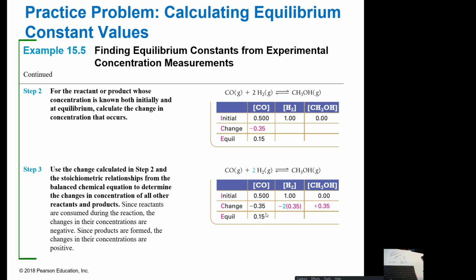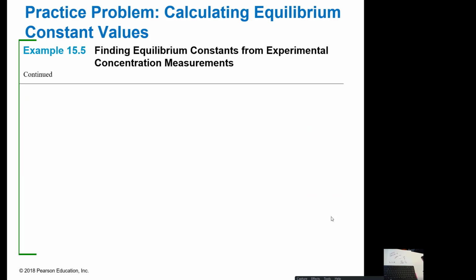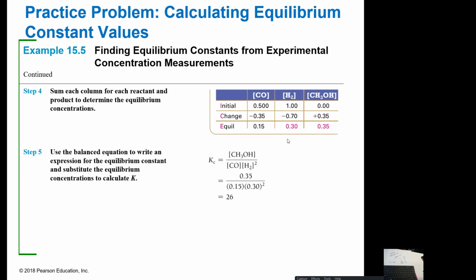And then we subtract, okay, it's 0.15 and plus 0.35. Then we have all these numbers, and then we plug into the calculator: 0.35 divided by carbon monoxide 0.15 times hydrogen squared. That's how you do it. This is what we call the ICE format. Very easy to do the equilibrium constant calculation. Let's do another one.